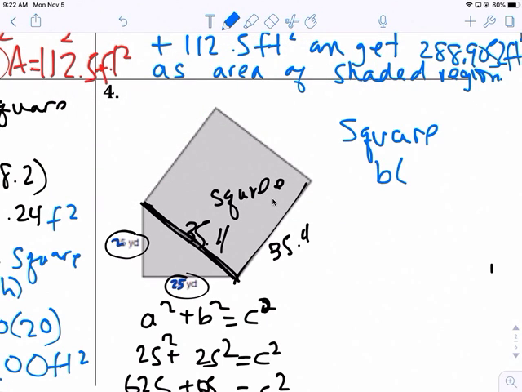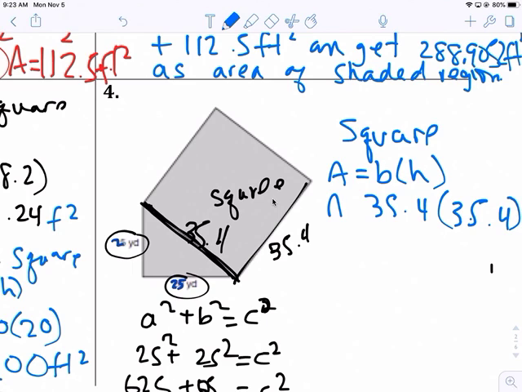It's base times height, 35.4 times 35.4. You get the area of that big square is 1253.16. Then you add it to the area of the triangle.